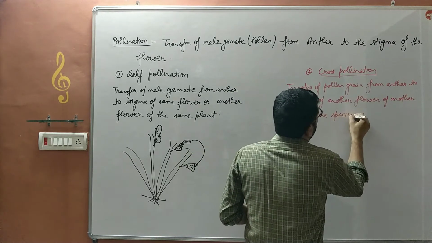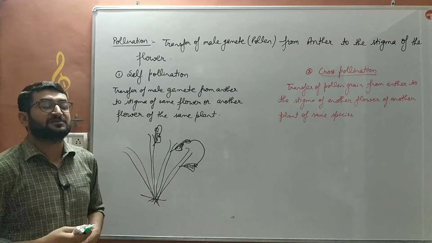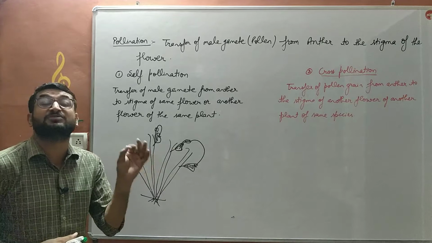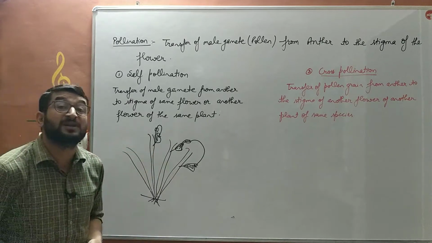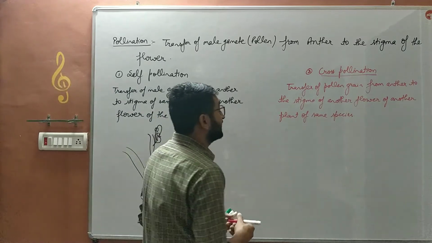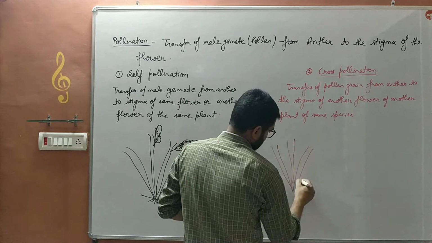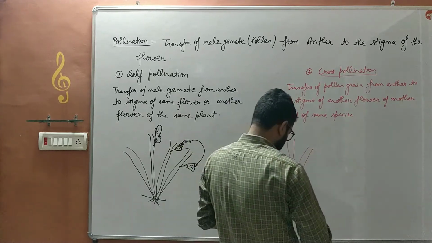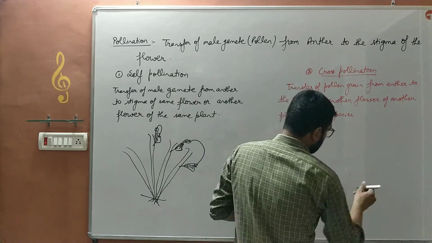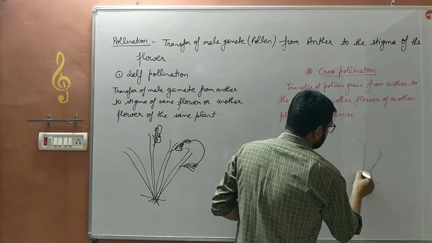That is a very necessary word, bache. The transfer of pollen grains will occur only between plants of the same species, between similar plants only. But in this case, the plants are different. For example, let us consider this is plant 1 and this is plant 2. These two plants belong to the same species.